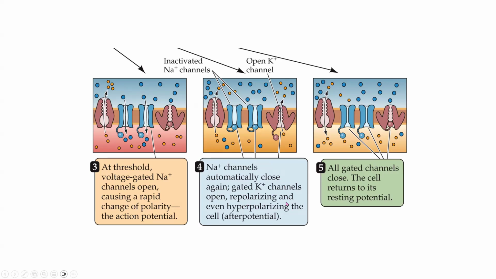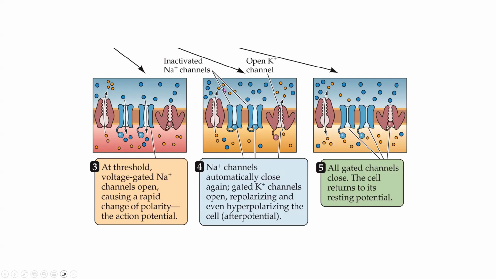It repolarizes it, meaning that all these potassiums are leaving. They're like, it's too positive. We need to get out of here. We need some negativity in our life, less optimism. So then because of this, it overshoots.